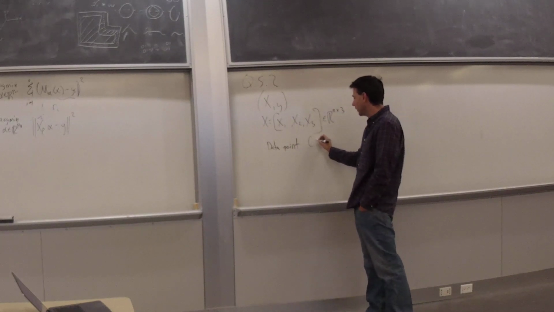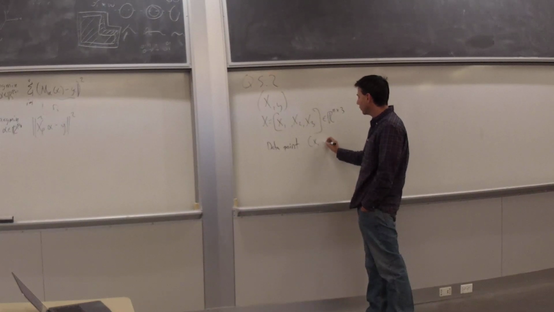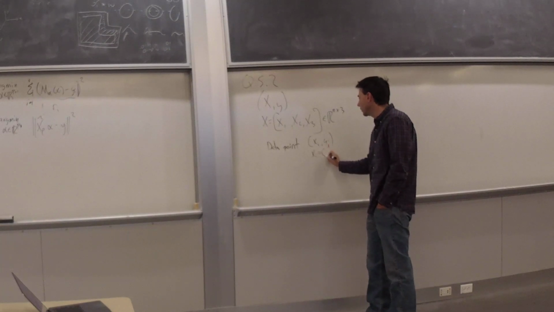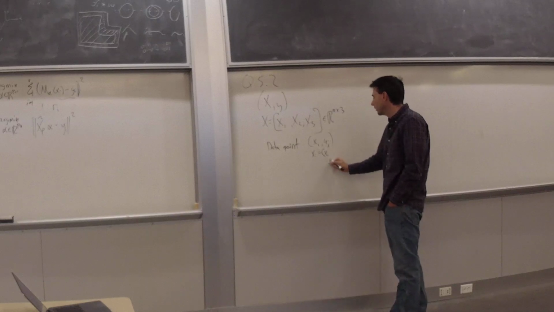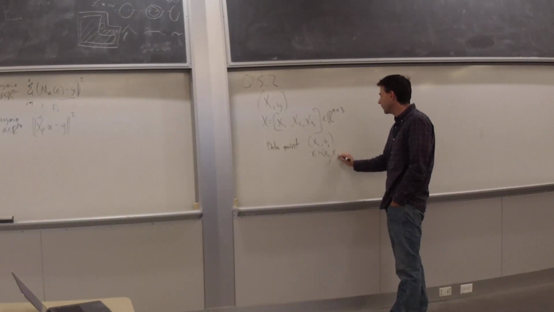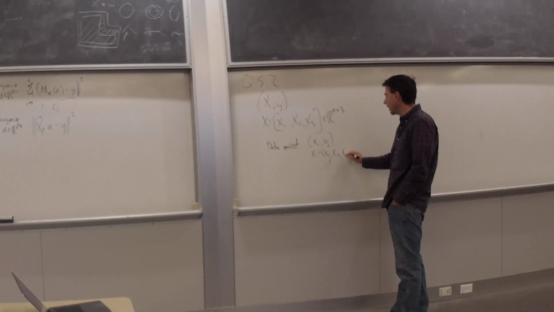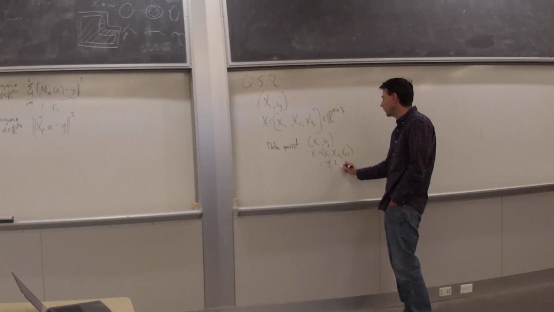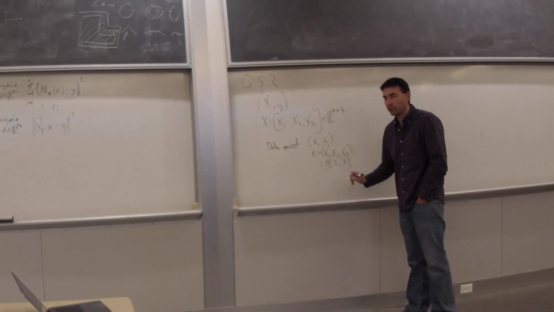Each data point will look like xi, yi, where xi equals xi1, xi2, xi3, and an example of that might be 3, 2, and 7.